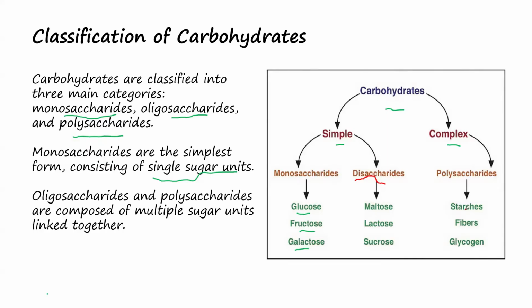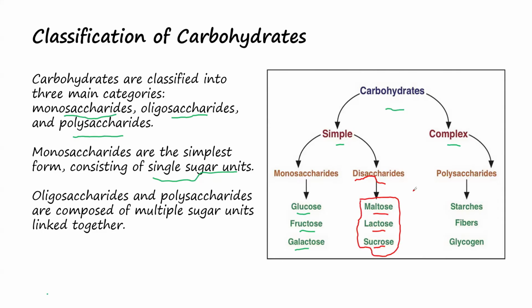We are going to look at them one after the other, but we should put this at the back of our mind. Examples of disaccharides, which you shouldn't forget, are maltose, lactose, and sucrose. These are examples of simple disaccharides that are found in living organisms.